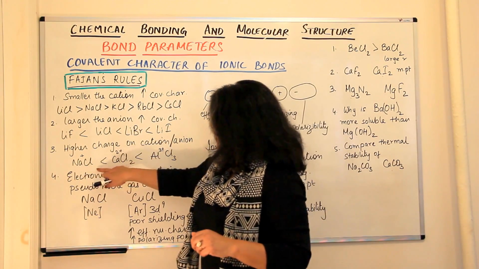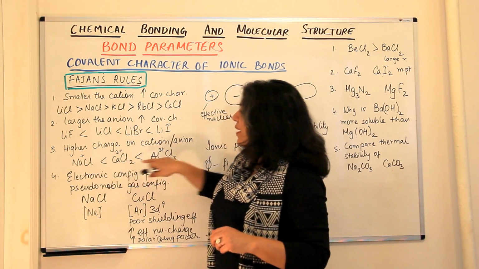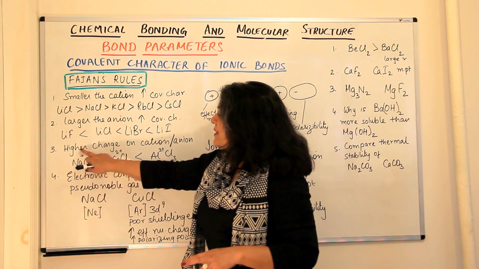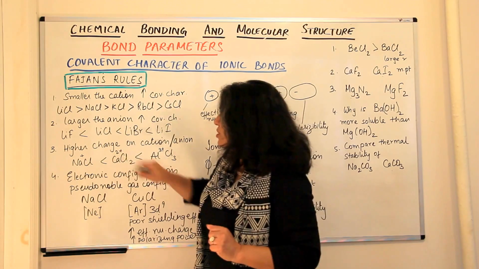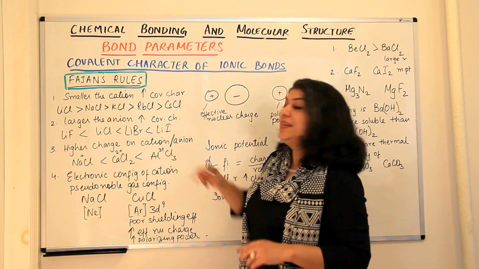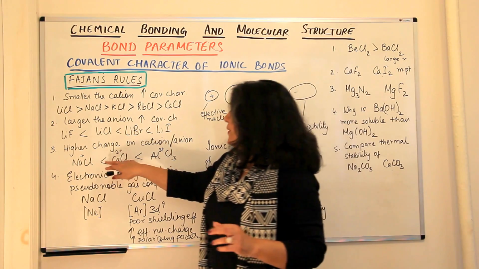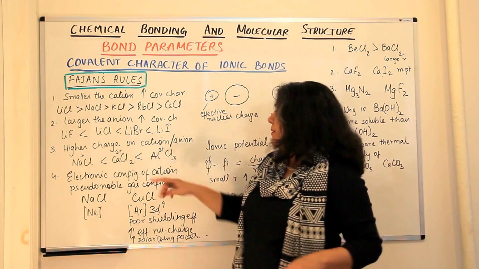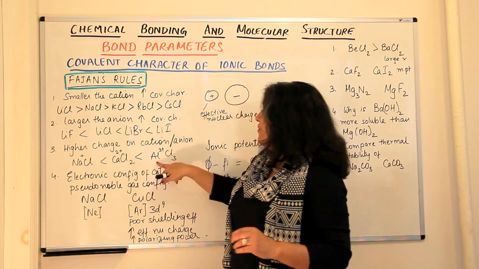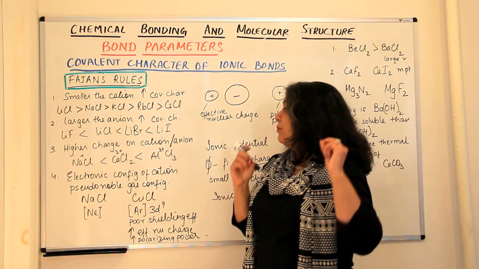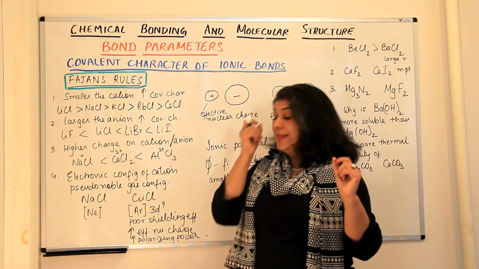Let us take the example of the chlorides of sodium, calcium and aluminum. Sodium is 1 positive, calcium is 2 positive and aluminum is 3 positive. If we compare these, although the sizes of the cations are kind of similar, yet we find that aluminum 3 positive has the highest polarizing power.